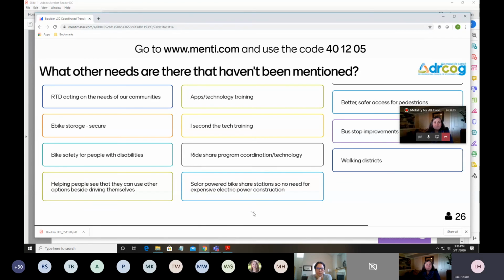Yeah, one of the things that Matthew had on one of his slides but didn't hit on was just what lessons can be learned from this pandemic. So just to the point of helping people see that they can use other options besides driving themselves. We're learning how things can be delivered and developing all these new systems for new ways to get places. So hopefully there will be some lessons that we learn through this whole situation.